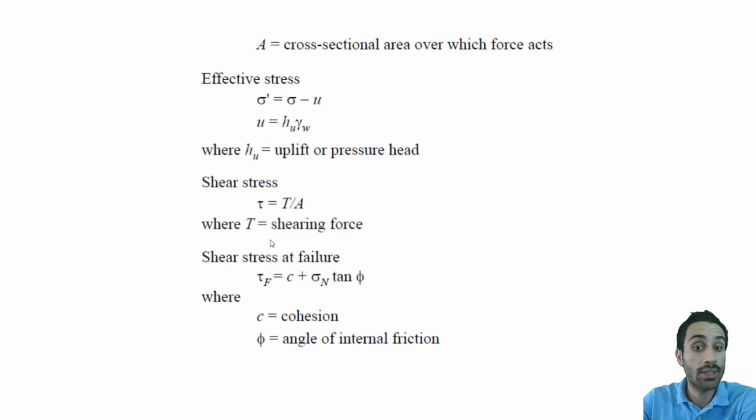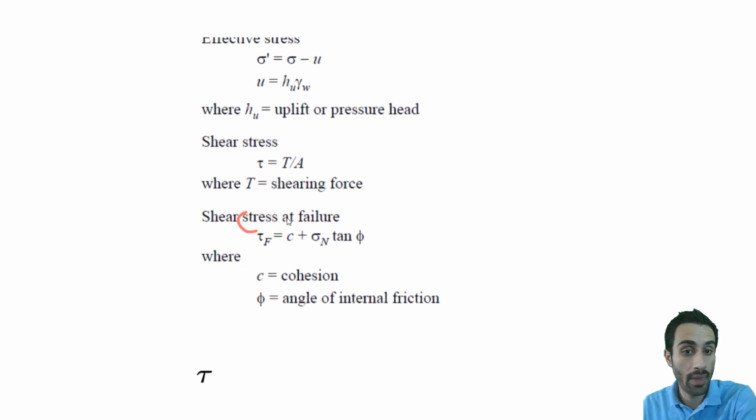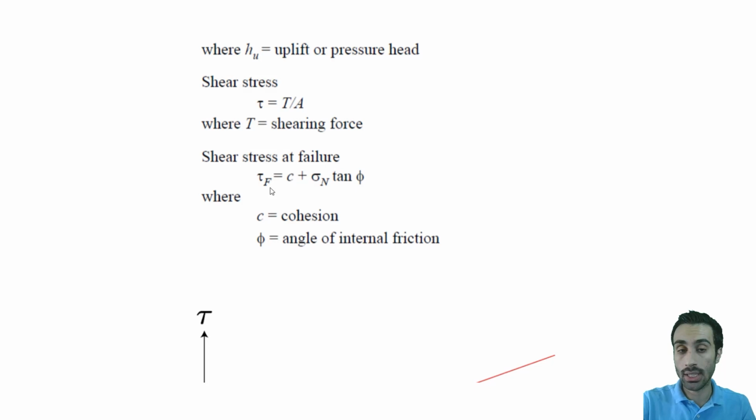And we can also get the shear stress at failure by applying this equation. This shear stress at failure is in fact the most important because it comes from the Mohr-Coulomb failure envelope, which is also discussed in our FE Handbook. So shear stress is going to depend on the cohesion, the angle of internal friction, and the normal force.